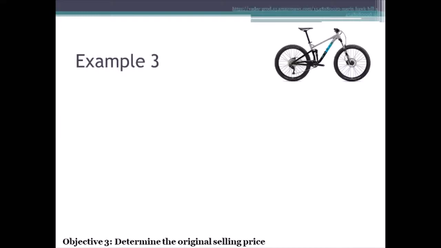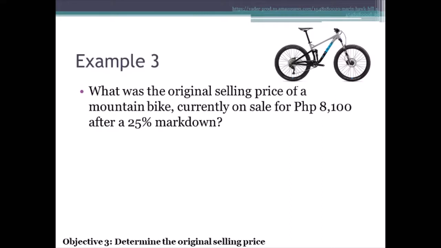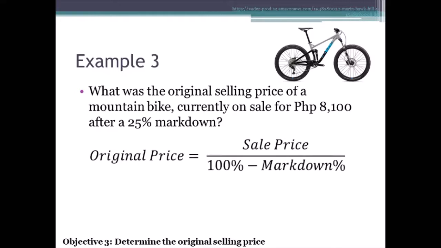Example number 3. What was the original selling price of a mountain bike currently on sale for 8,100 pesos after a 25% markdown? So for the original selling price, substitute the given values to our formula. 8,100 is the sale price and the markdown percent is 25%.